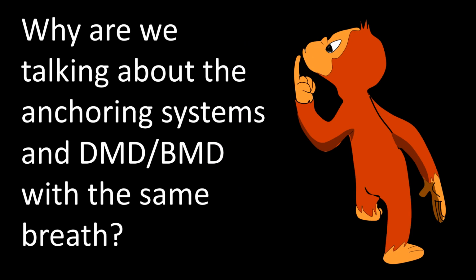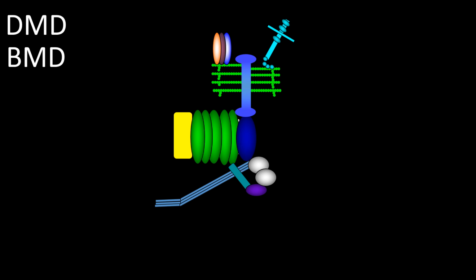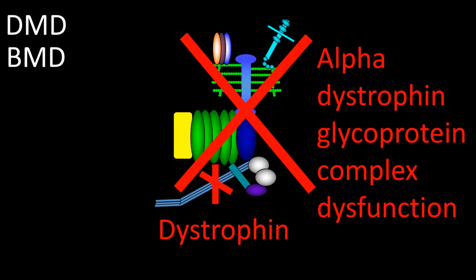Why are we talking about anchoring systems and DMD and BMD in the same breath? Because DMD and BMD are due to deficient dystrophin. Deficient dystrophin produces alpha-dystrophin glycoprotein complex dysfunction.